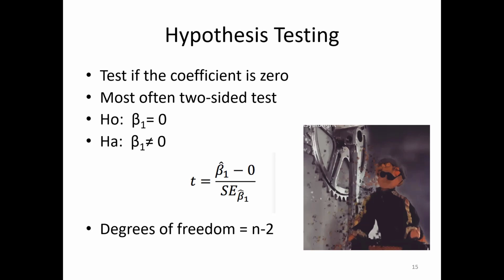And again, we don't have hats on our betas because these are population parameters that we care about, not the estimates or predicted. And then we have our t-value, or t-statistic, which is t equals beta hat 1 minus 0, that 0 is from the hypotheses, all divided by the standard error of beta hat 1. Right, so again, this should sound familiar or structured very similarly to how we conduct a test of significance. And in this case, our degrees of freedom for our t-distribution is n minus 2.